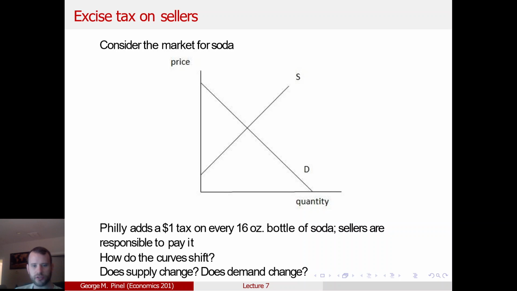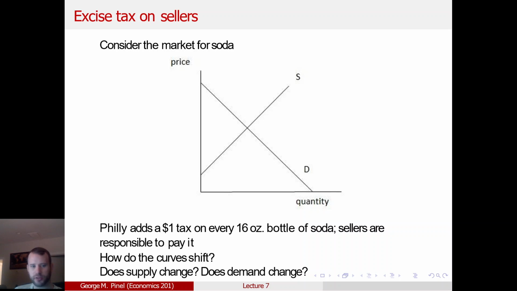Does supply change? Well, think about it. If the supplier right here was willing to produce at a price of $4, let's say $4 is their marginal cost, and all of a sudden the government implements a $1 tax on that unit of soda.